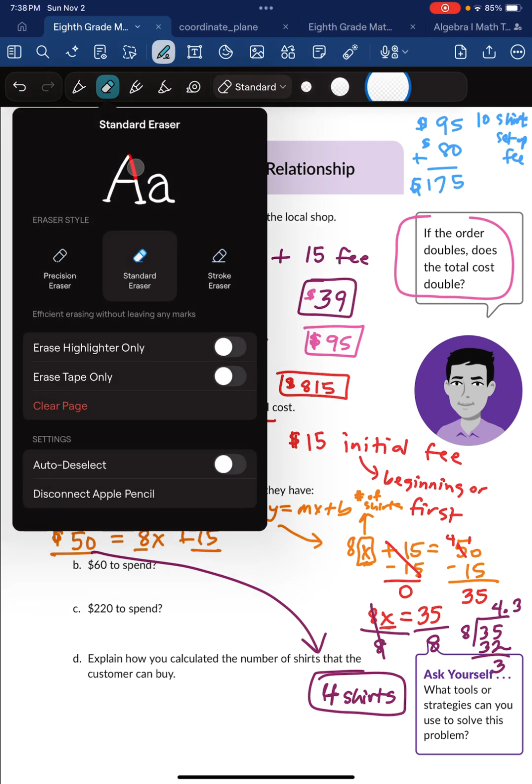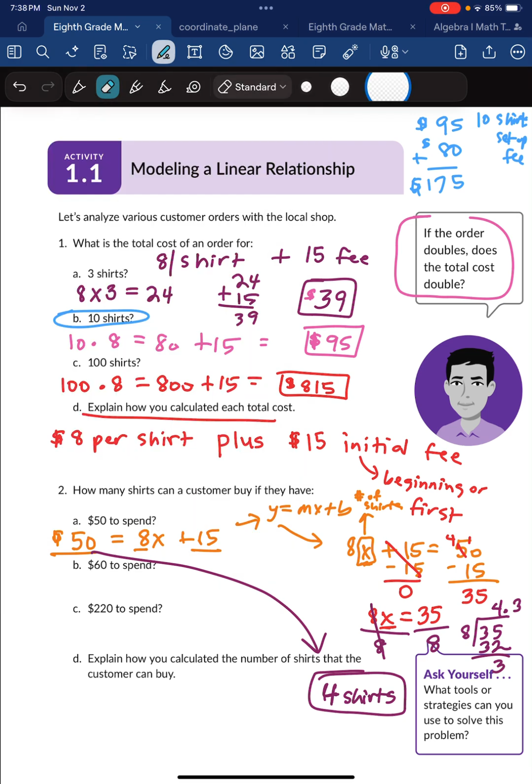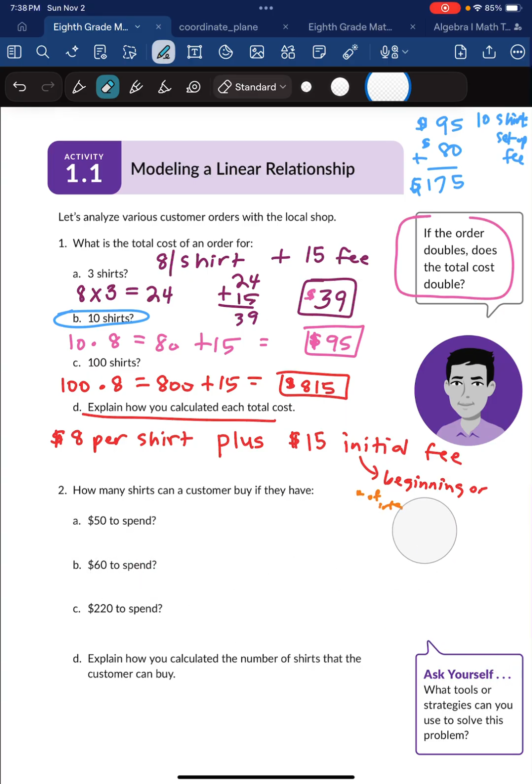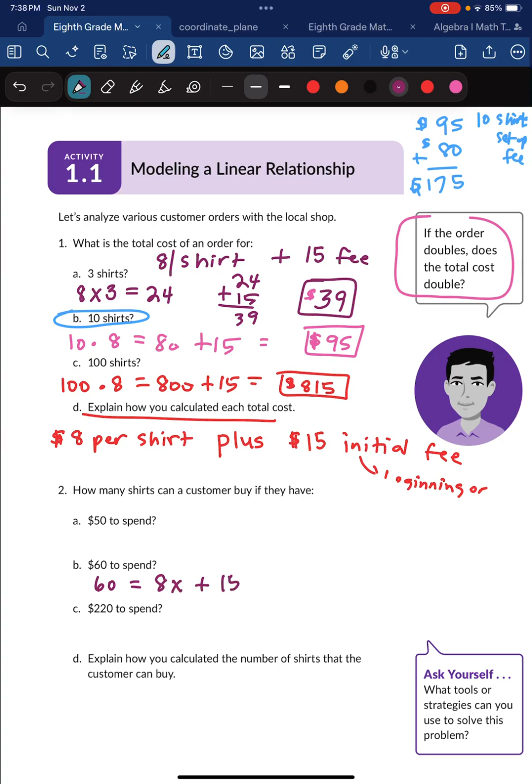So I'm going to go ahead and erase all that. So if you need to pause because I'm going to erase this now. Okay. So if I have $60 to spend, $8 per shirt plus the $15 fee.